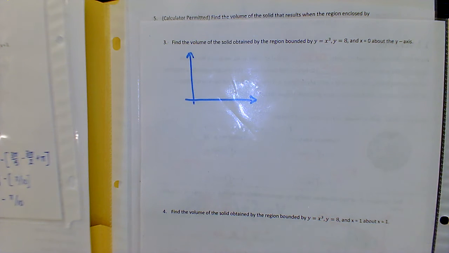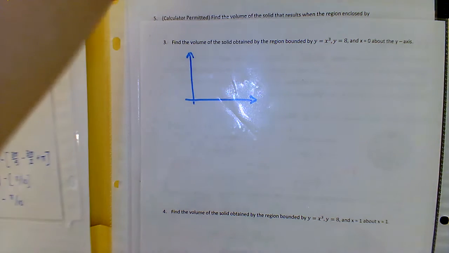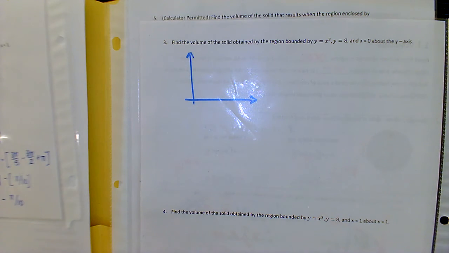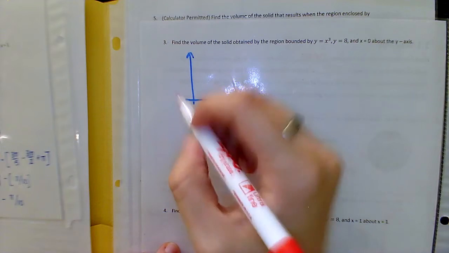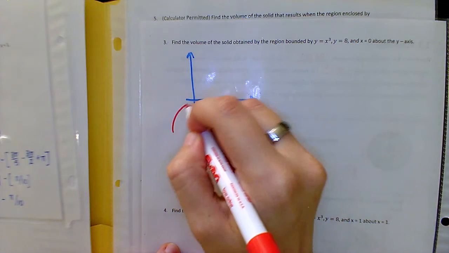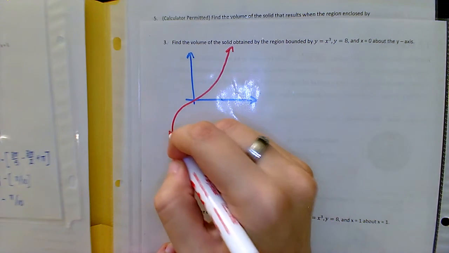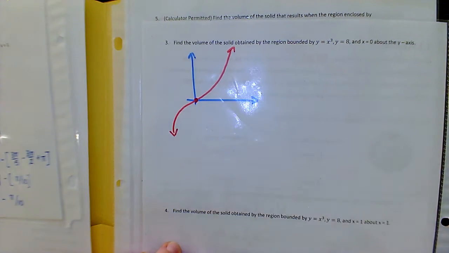X to the third? It's hard to describe. We got the little dance motions going on, right? Like a little snake or S-type curve, like that, goes through the origin.